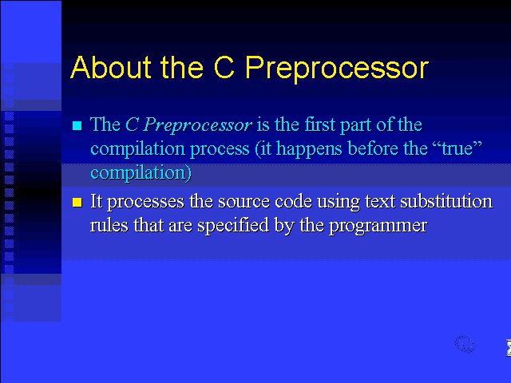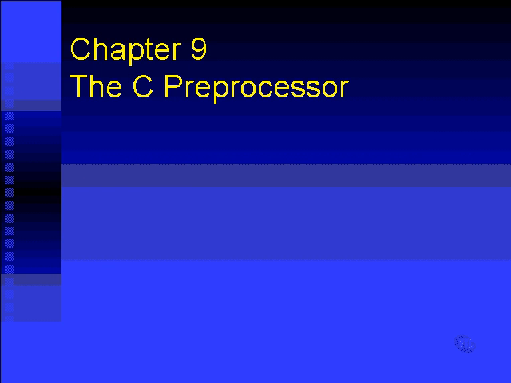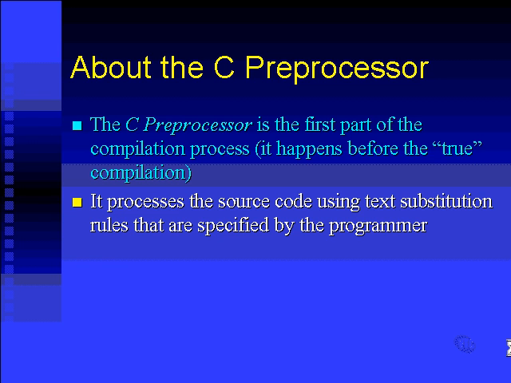You could substitute the word cat for dog. Now, I don't know why you might want to do that particular substitution, but that's what I mean by text substitution. And once that text substitution has been done, the compiler kicks in and compiles the file, and thus it would be compiling the word dog rather than the word cat. The word cat wouldn't be there anymore, but the word dog would.